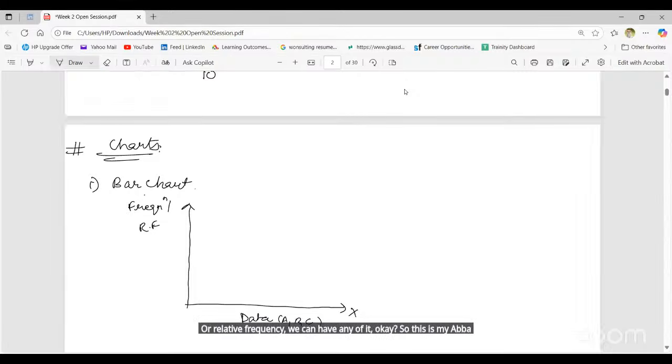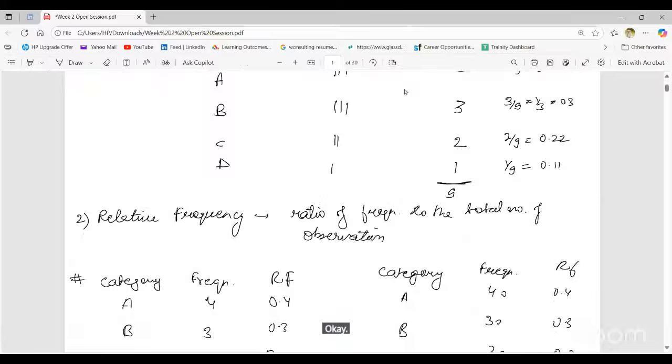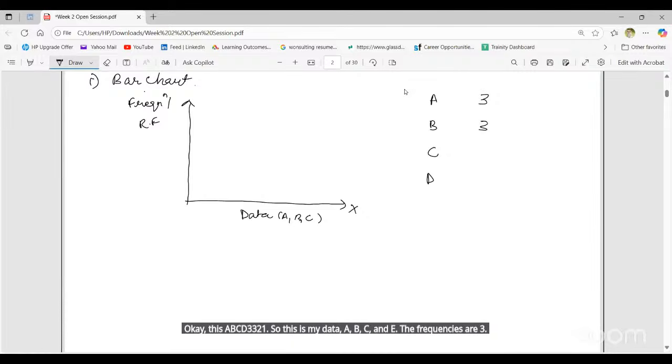So let's suppose I'm having data. Let's take the data from here only. This is A, B, C, and D, and the frequencies are 3, 3, 2, and 1. So how am I going to do it?